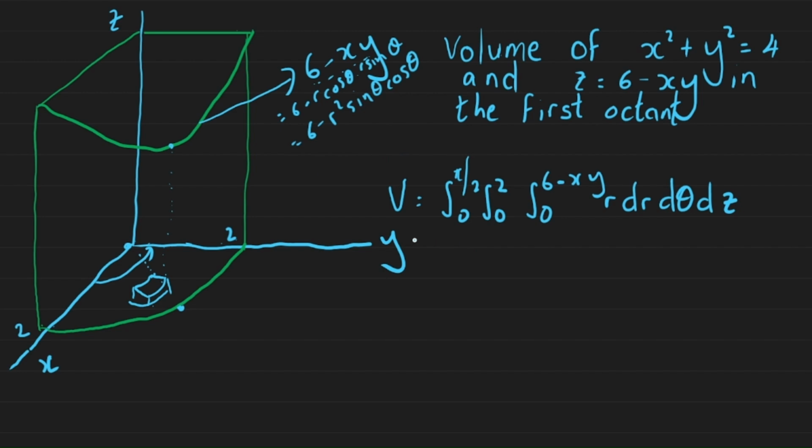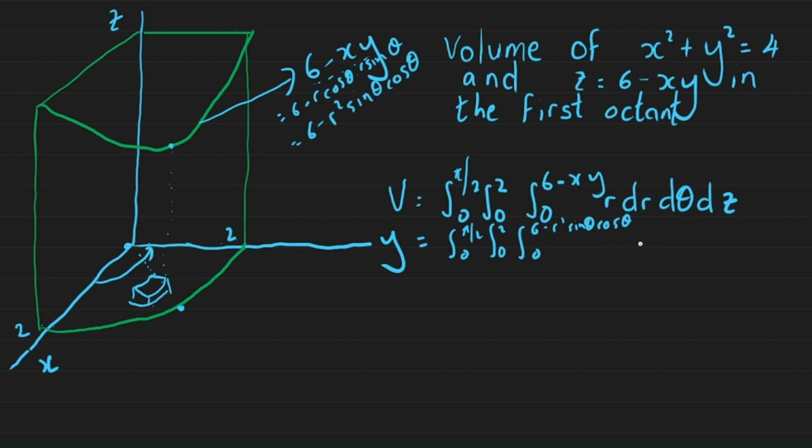So we can replace that. So this is now equal to the integral from 0 to pi over 2, 0 to 2, and then from 0 to 6 minus r squared sin theta cos theta. So this is the upper bound.